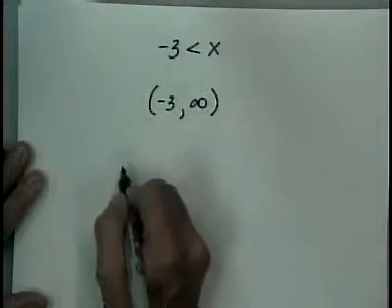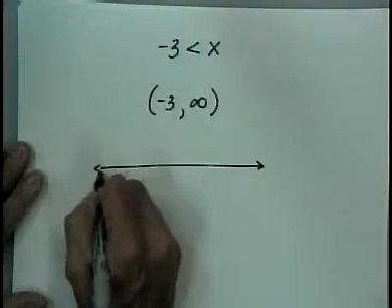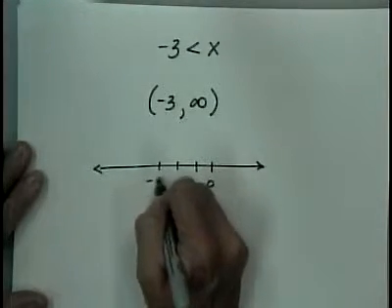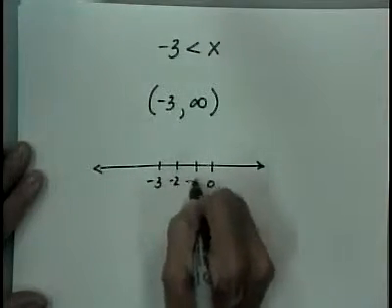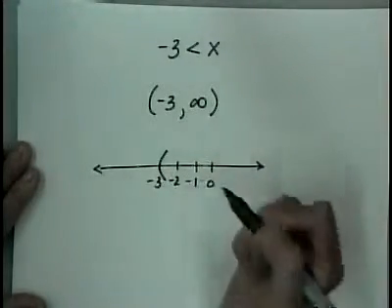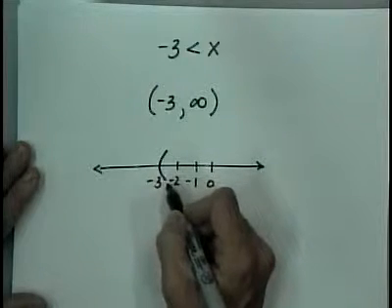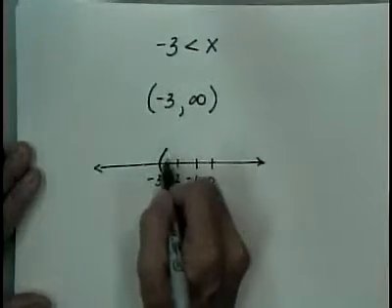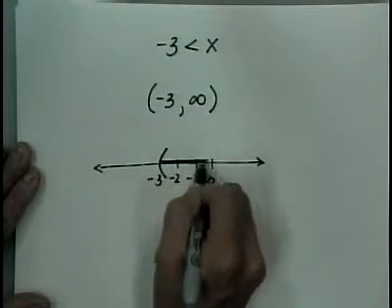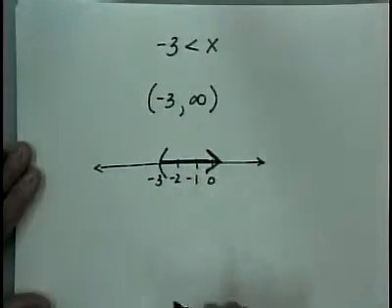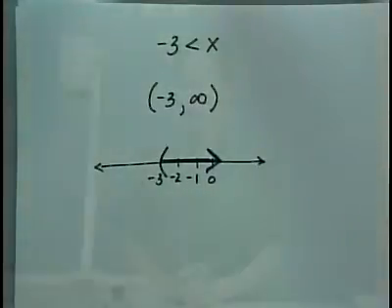Now this translates very well to a number line. Let me put 0 a little bit to the right. 1, 2, 3. Here's -3 on our number line. I want to indicate that -3 is the left endpoint with a parenthesis, because I'm not allowed to include -3 in my solution set. And then pointing to the right in the direction of things bigger than -3, I draw an arrow to indicate everything greater than -3.